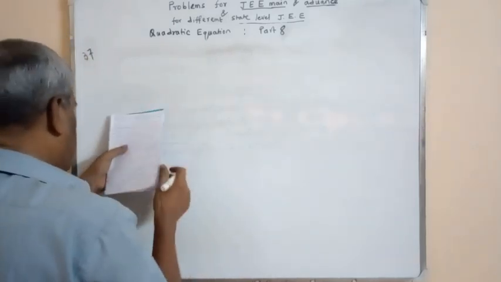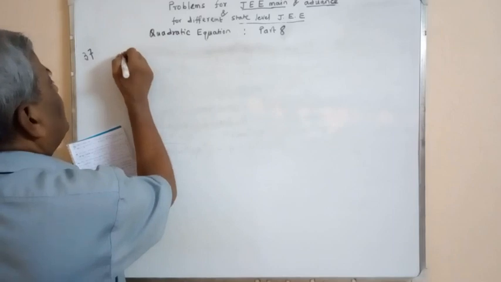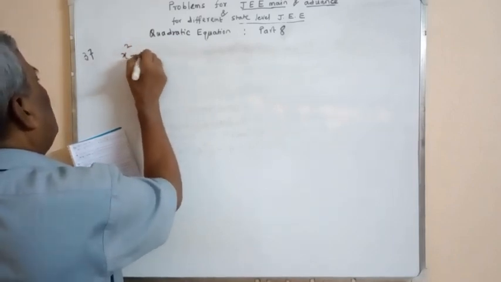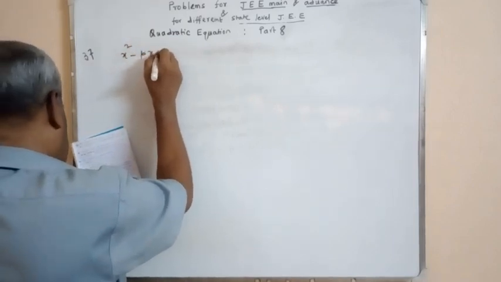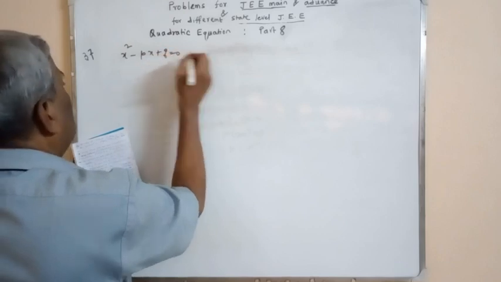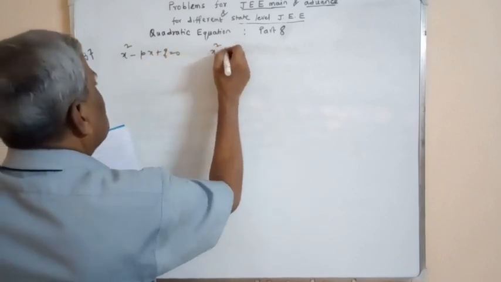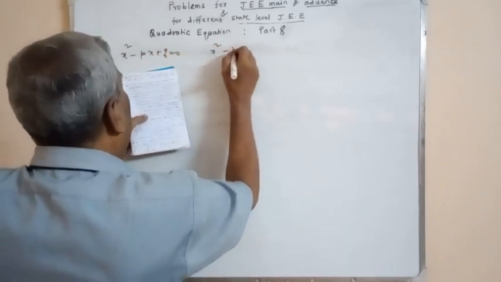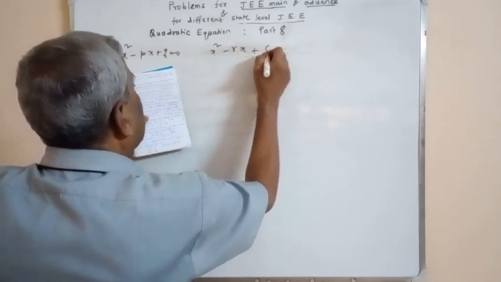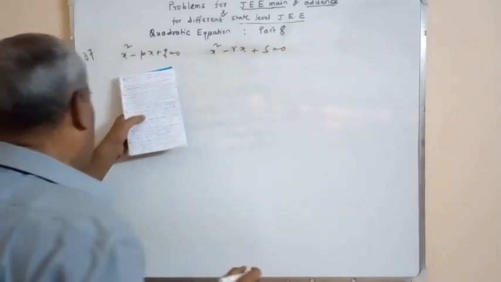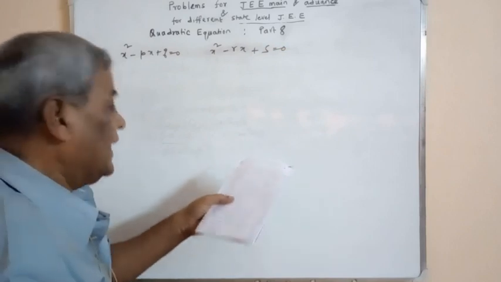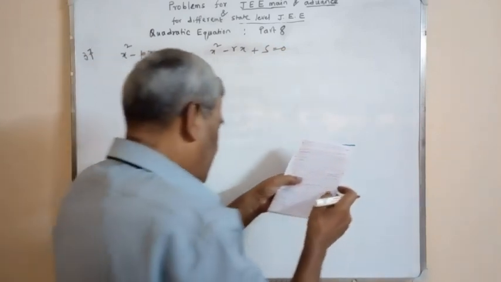If the ratio of roots of x square minus px plus q is equal to 0 and x square minus rx plus s is equal to 0 are the same, then which one is true?